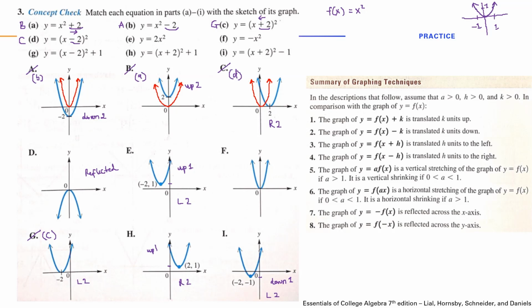Okay, so to be continued, we do E. We have 2 times x squared. So 2 is a factor and it's outside. So that vertical is greater than 1, so that is vertical stretching.